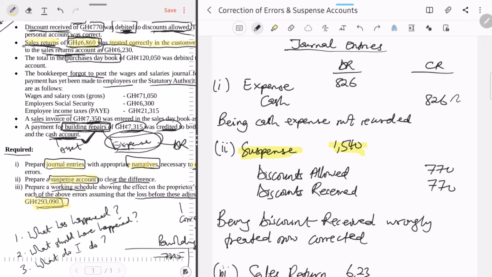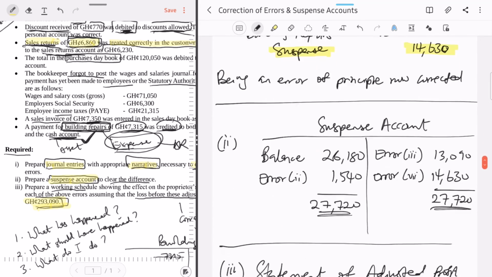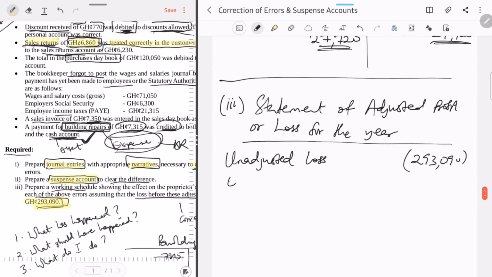Does cash affect the income statement? No, it's an asset. So this is out, it's on the balance sheet. Expense, yes, right? So expense will pick this. Was it debit or credit? Debit. What did I say? Deduct debit, add credit. So I come here and I write expenses.